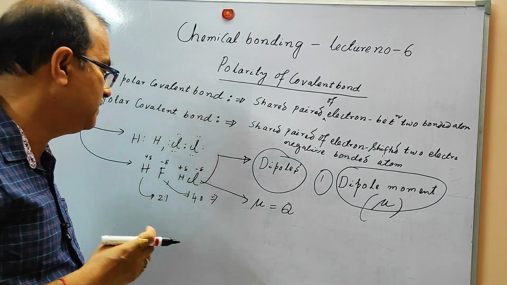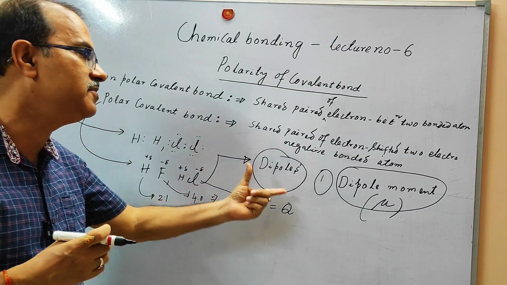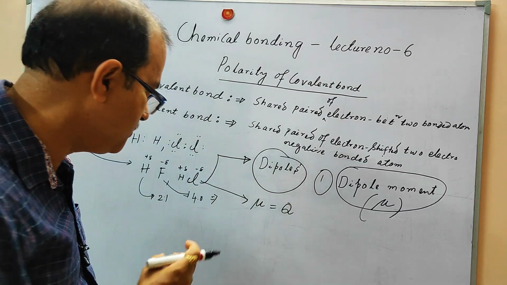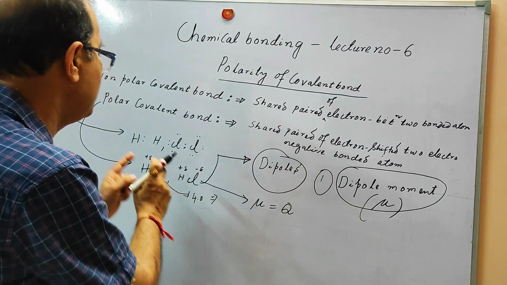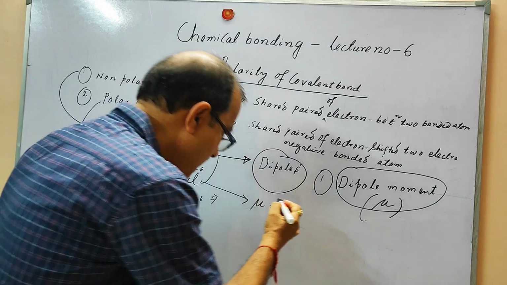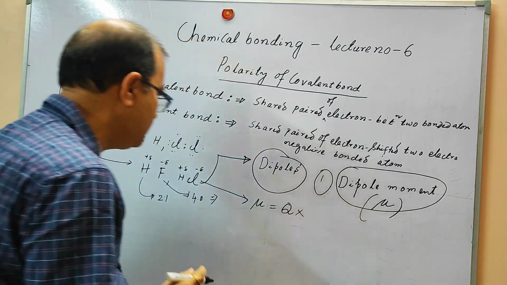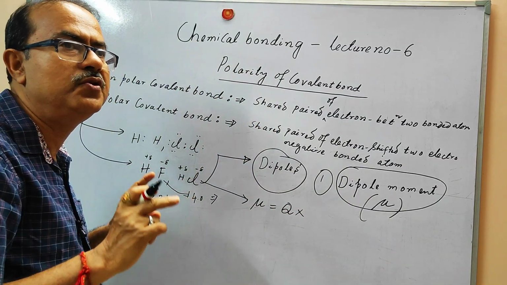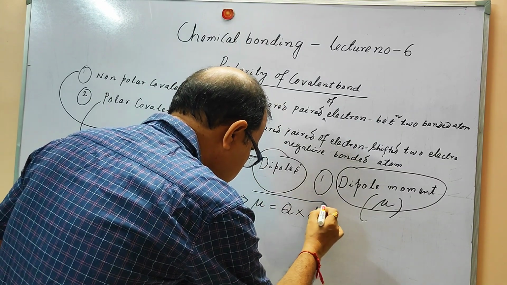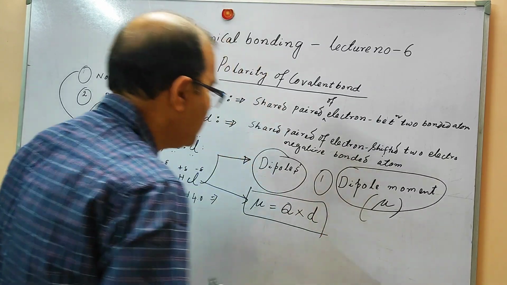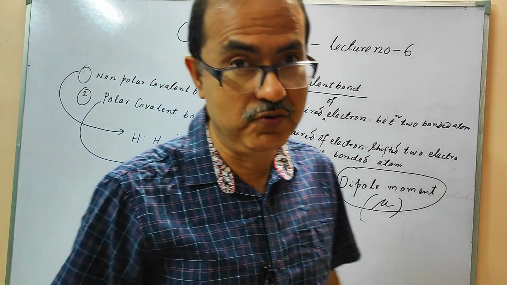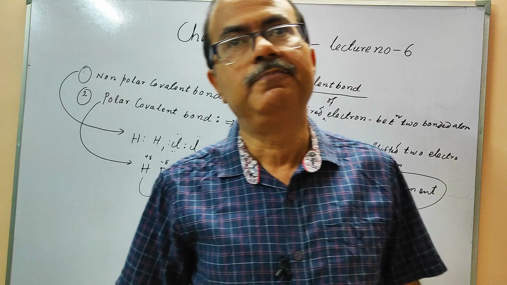This polarization creates the dipole moment, and the dipole moment can be measured by the charge, positive or negative, multiplied by the separation, the distance between the two atoms, suppose it is d. In this way we can easily calculate the dipole moment of diatomic molecules.